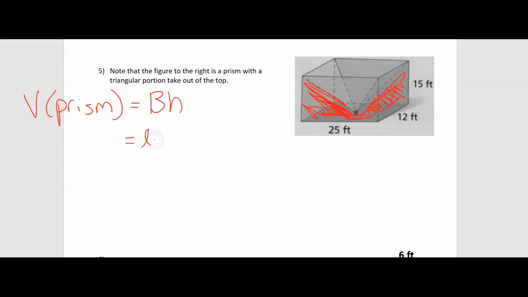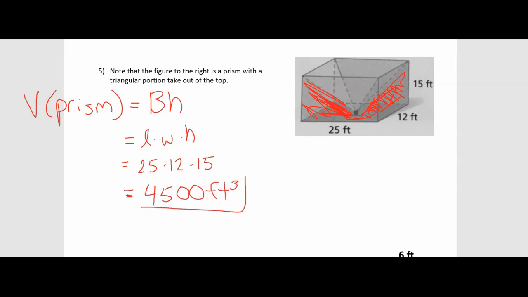And here we just have length times width for big B times h. So we get 25 times 12 times 15. 25 times 12 is 300. 300 times 15 should be 4,500 cubic feet.